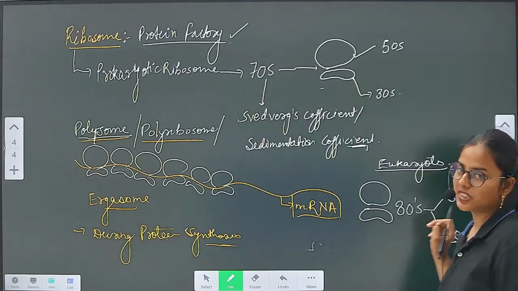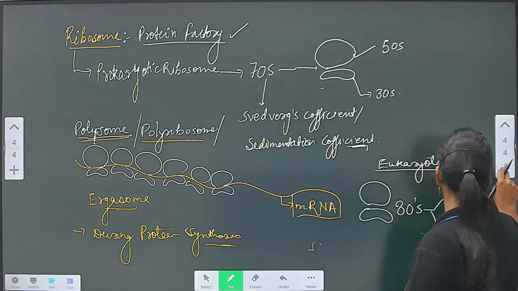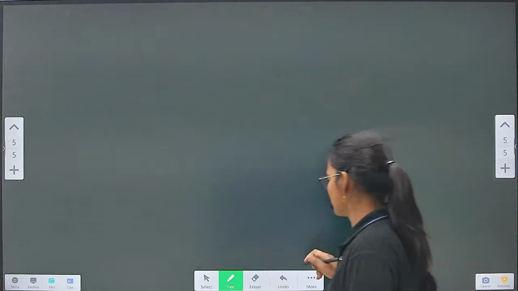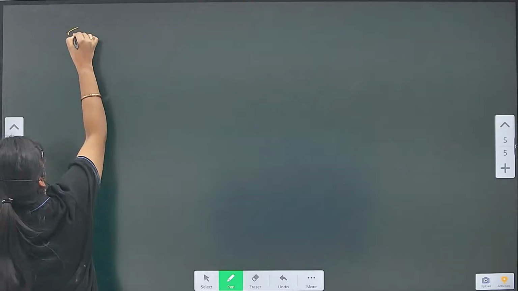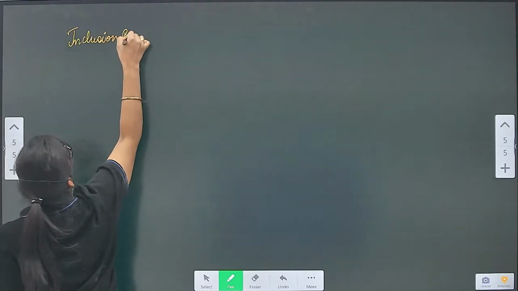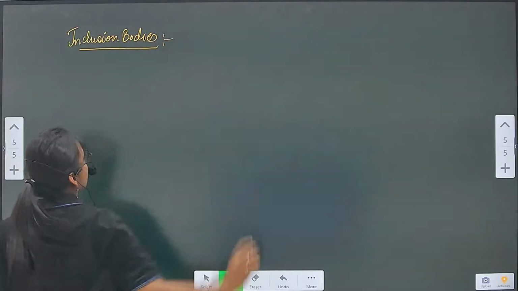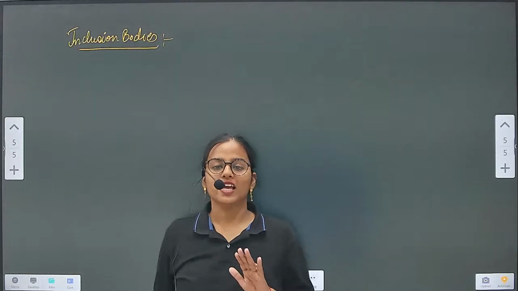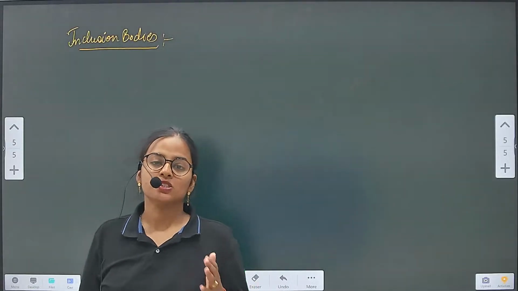Last but not the least about your prokaryotic cell is the inclusion bodies. So what are inclusion bodies, dear students? Till now we have not seen any structure in the prokaryote which is membrane bound.